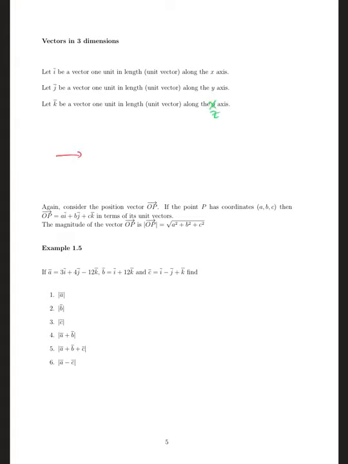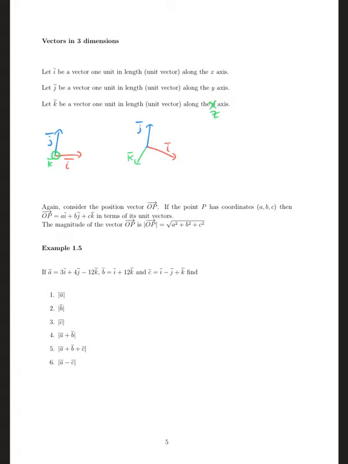So if x and y are on the page like usual, or i and j, then the z-axis, or the direction of the k unit vector, is going to be coming straight out of the page. So we can't really draw it there. We can try and rotate this whole thing around a little bit and try and draw this 3D thing on the 2D page, something like that. It doesn't quite capture it. But on the left, just remember that your k vector here is coming straight out of the page into 3 dimensions. Kind of hard to draw.